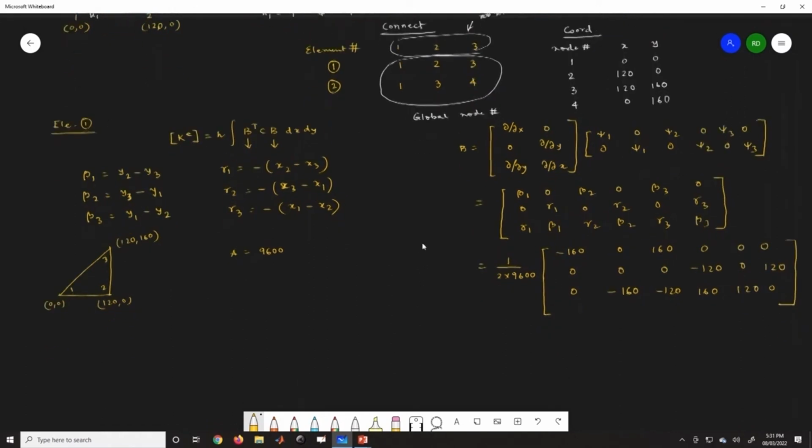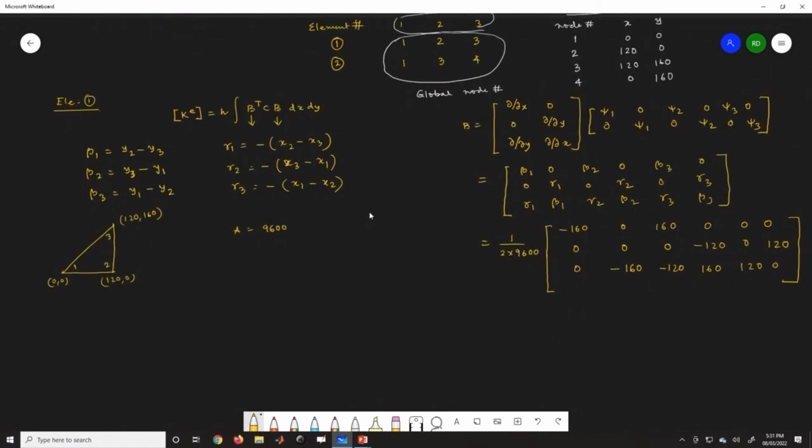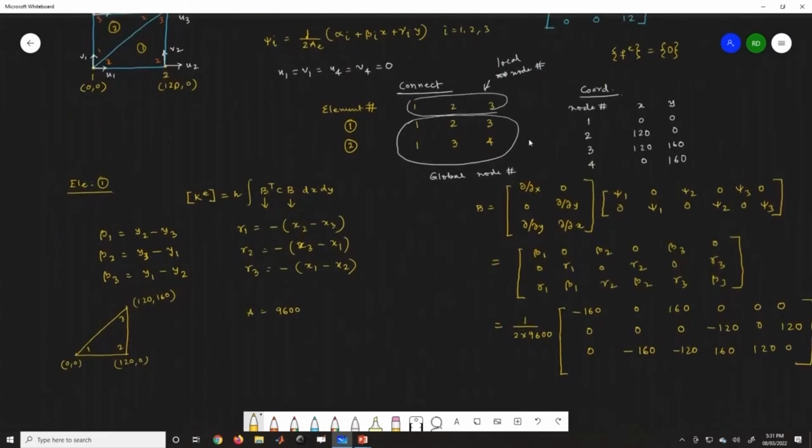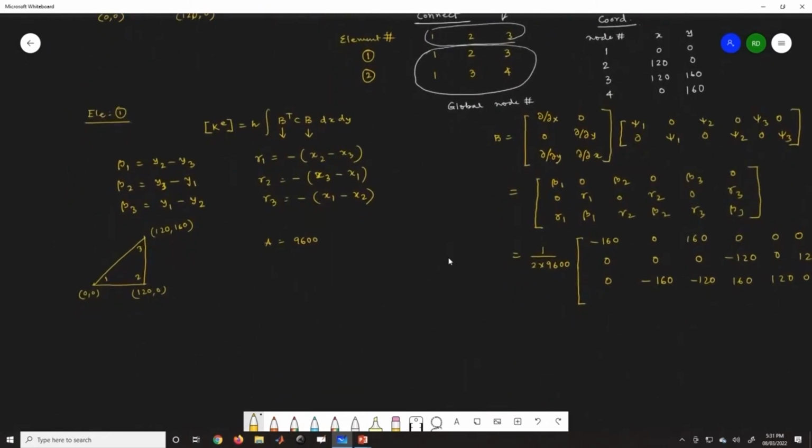Once I have this B matrix ready, I also have my C matrix, which is element-wise constant here, because I have taken uniform properties. This is a homogeneous problem, which means I have no variation of Young's modulus and Poisson's ratio over an element. So now this equation can be simplified.